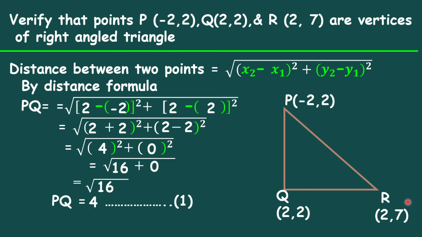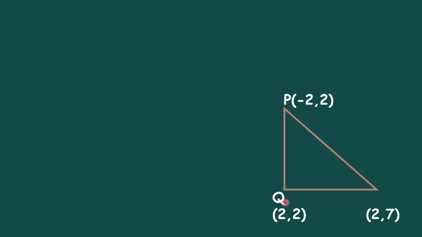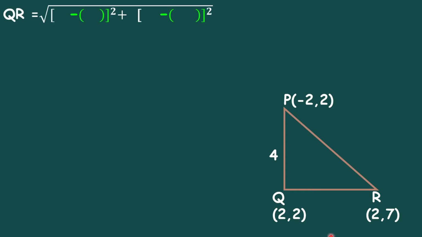Now to find the length of QR, again we apply distance formula. Therefore distance QR is equal to, what should we do here? We subtract the coordinate of point Q from the coordinate of point R. First we take subtraction between the x coordinate.